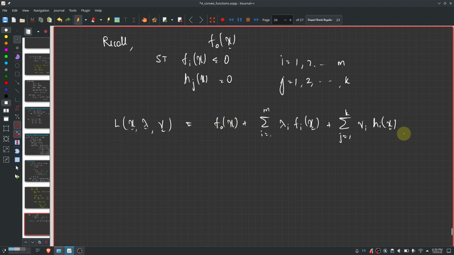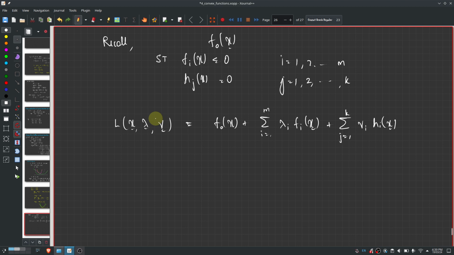So let's look at this particular quantity as a function of lambda and nu. Fix a particular x, any x. What kind of a function is it of lambda and nu? It's an affine function, right?